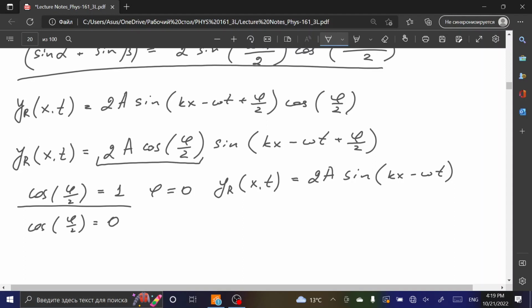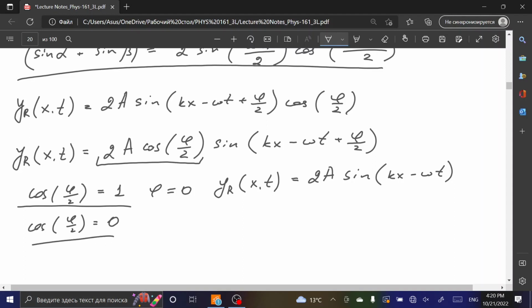So they just enhance each other because they come in the same phase. So instead of just a single A, we get an amplitude twice larger. Or if their amplitudes were not the same, we will get just the sum of the two amplitudes of our waves. But we consider the same amplitude, so it will be twice larger.